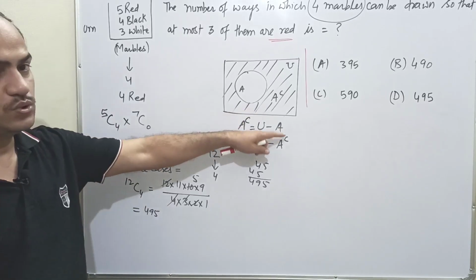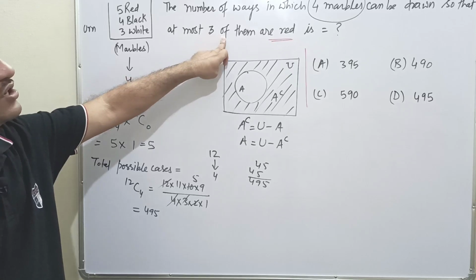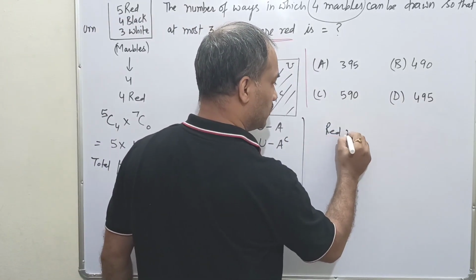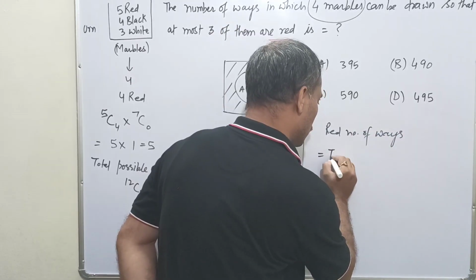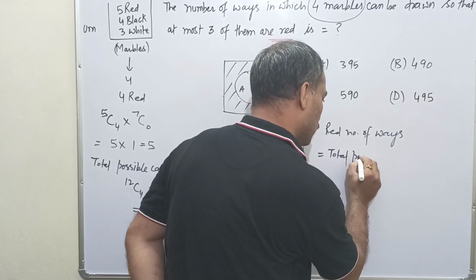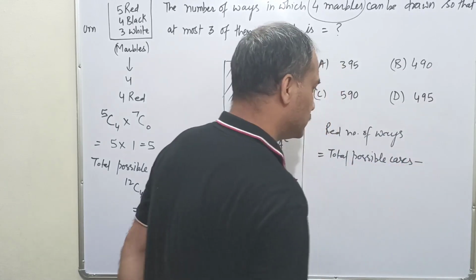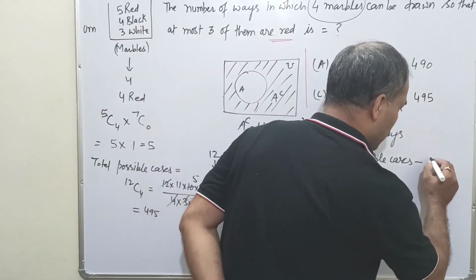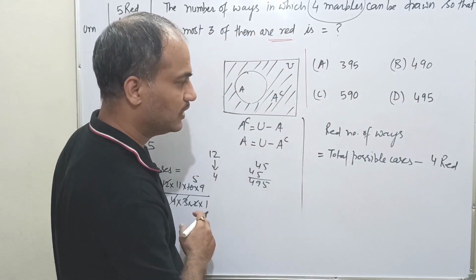So according to this concept, we have to find at most 3 of them red. It means the required number of ways is equal to total possible cases minus the complement of the event, meaning the cases when 4 red can come.